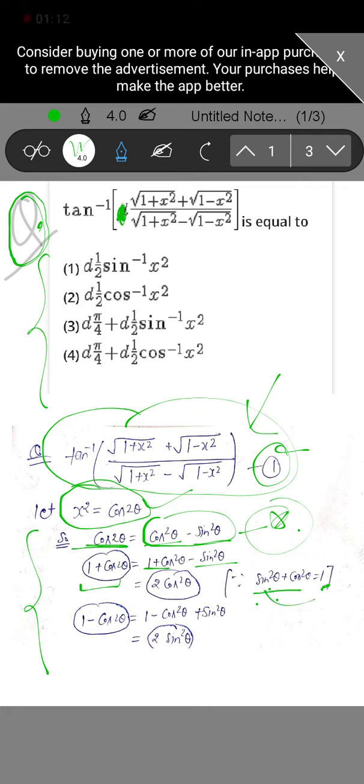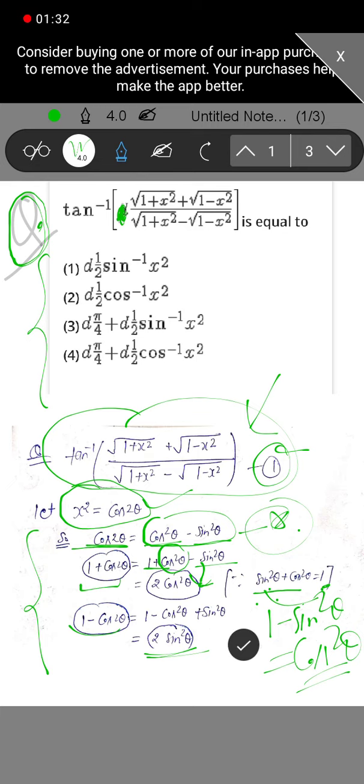When we take this side, we get 1 minus sin square theta is equal to cos square theta. Using this value, I have found 1 plus cos 2 theta, which gives 2 cos square theta. In a similar way, we have calculated 1 minus cos 2 theta as 2 sin square theta.